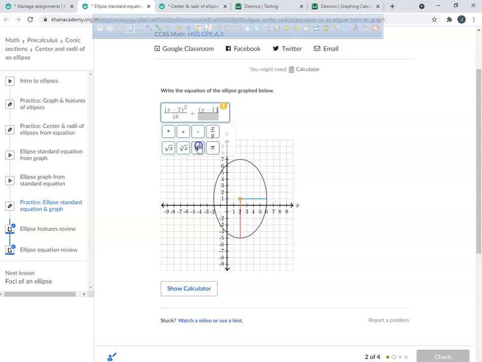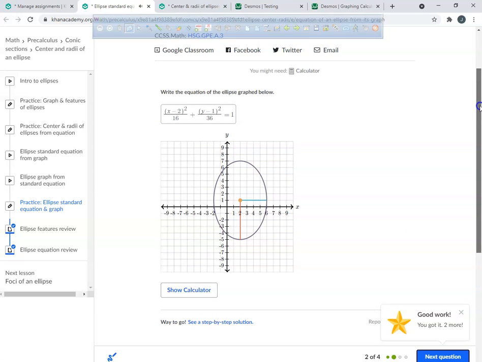Got to square that over 36. If I counted correctly, 1, 2, 3, 4, 5, 6. And yes, you must put equals 1, like that.